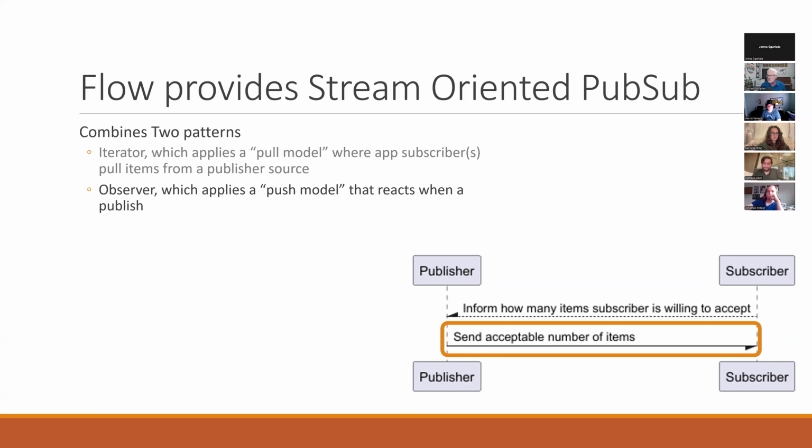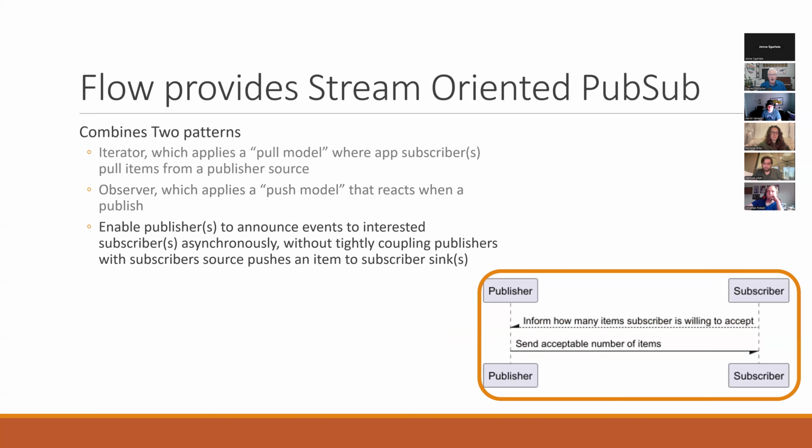But this happens asynchronously, and that's critical to understand. Okay. Altogether, this will allow the subscriber to say, I want this number of events, and I'm going to get that number of events back from the publisher.